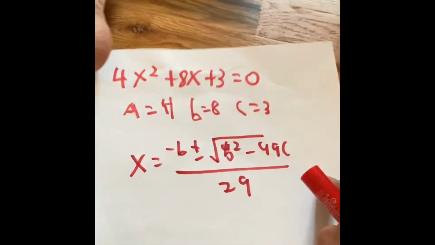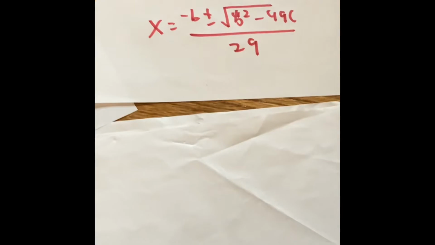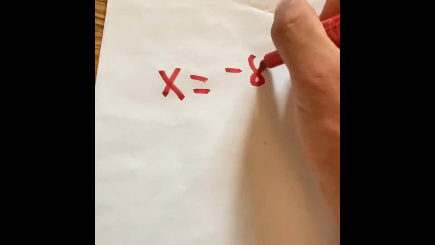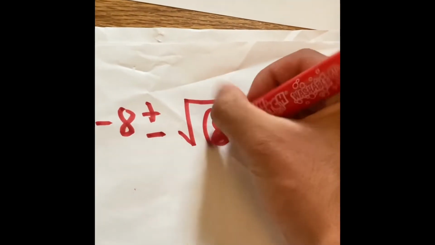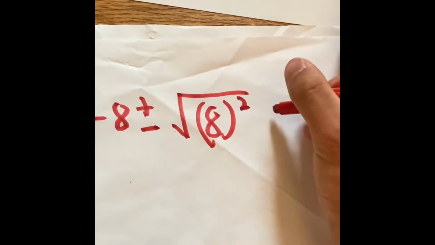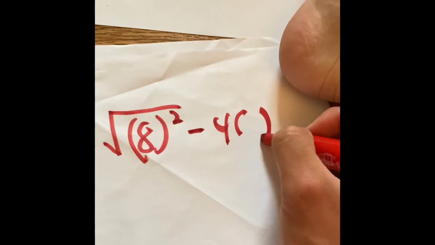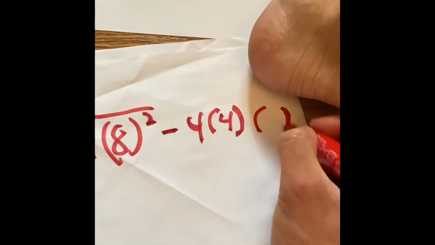Now let's actually put the numbers into the formula. So we have x is going to be equal to, here's 8, so negative 8, plus or minus the square root of 8 squared minus 4 multiplied by 4, multiplied by 3.